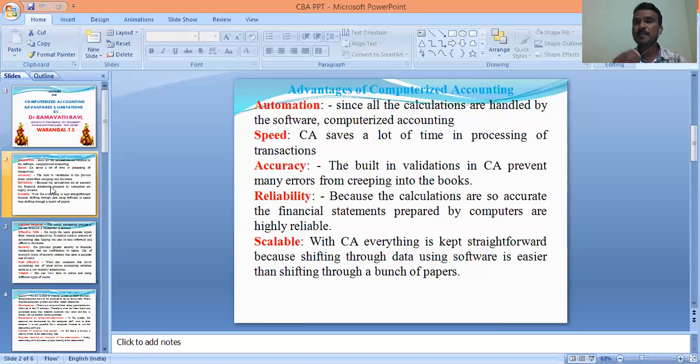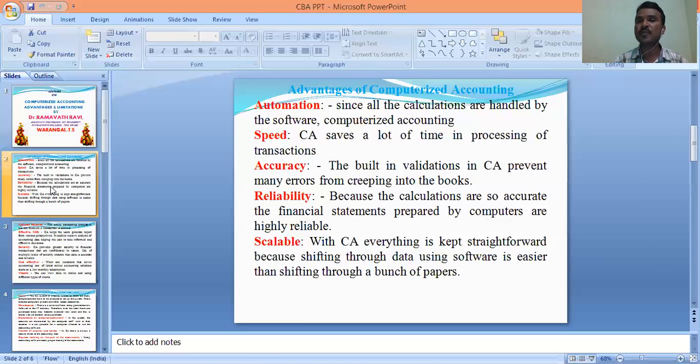The computer itself does not accept it, because both figures are not the same. So the error is recognized immediately, then the accountant finds it immediately and rectifies it.